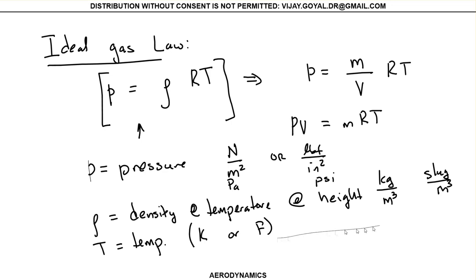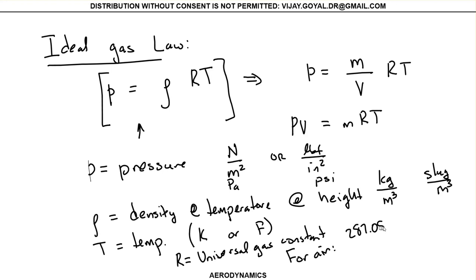And R is the universal constant. Let's write that down here. So here R is the universal constant, and for air it is 287.05.